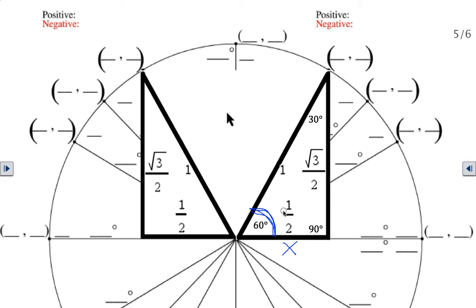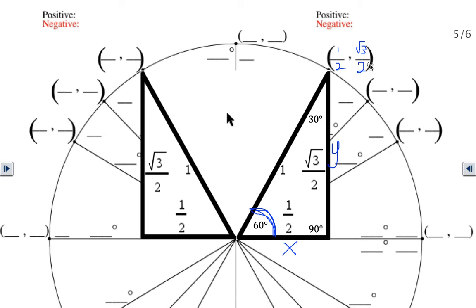And then if I have my short leg, I multiply by the square root of 3 to get my long leg. So for the x and y value, this is my y side, this is my x side. So my x and y value here would be 1/2 and the square root of 3 over 2.